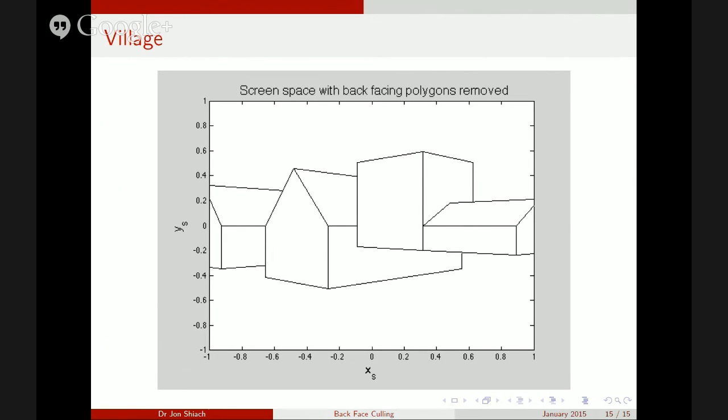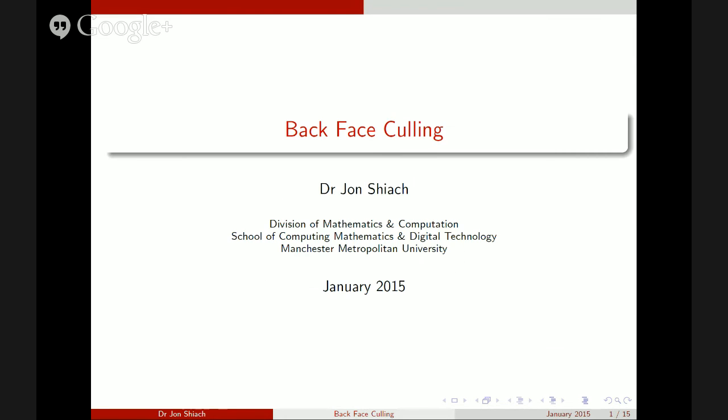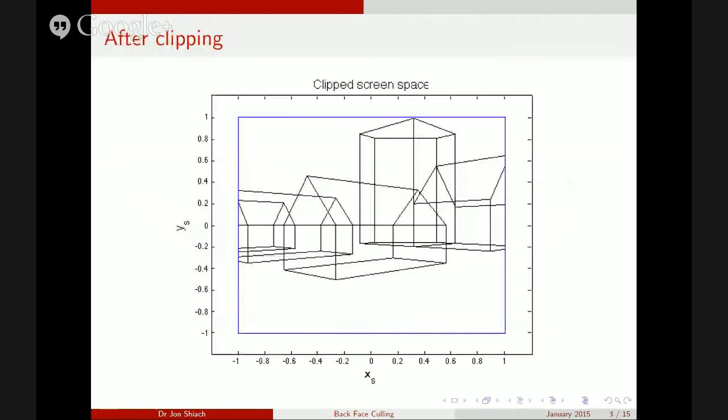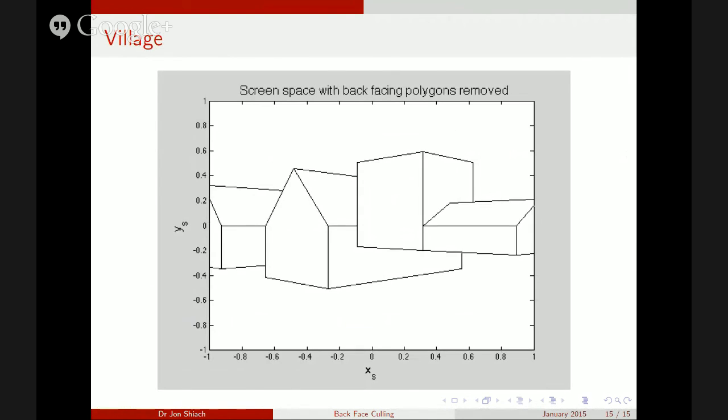Now, if I was to do that to my village, that was at the beginning. That was after I've clipped to the screen. That's what we have. And if I apply back-face culling now, something's not quite right.